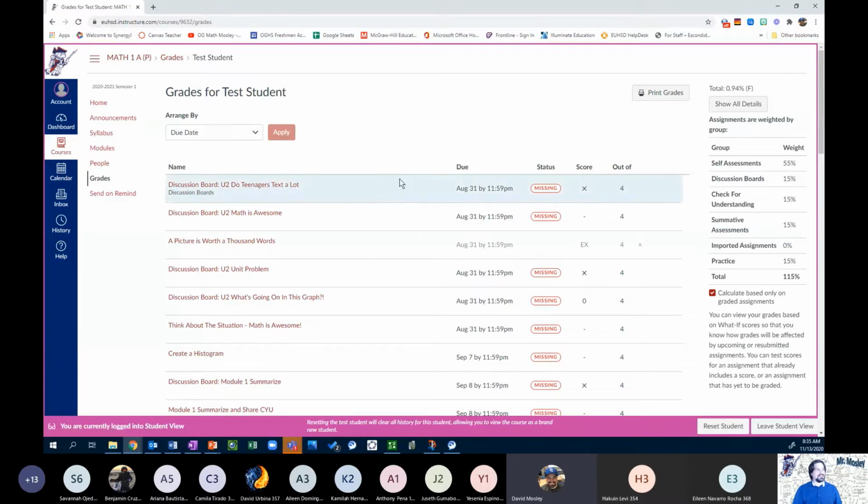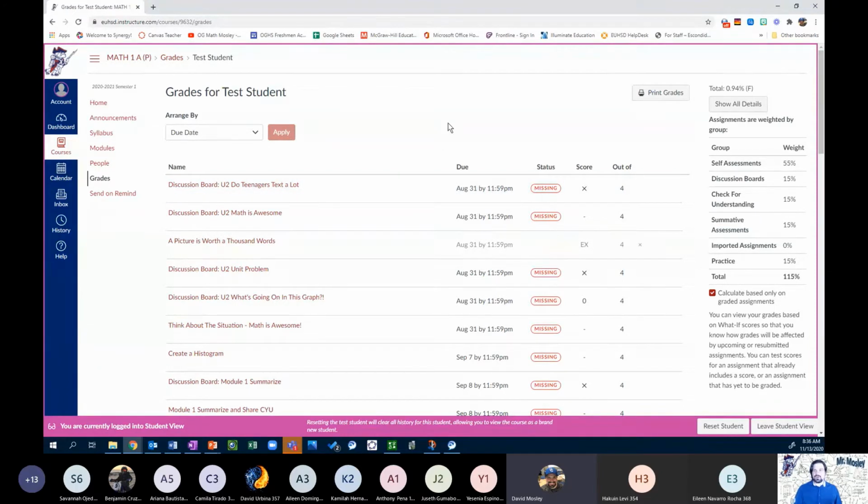The grade in Canvas here is the most current up-to-date grade. Synergy only gets updated for progress reports and report cards for me. Some teachers are using it more. I just put in the progress report and report card grades for that. So this is where you want to look for your most current grade.